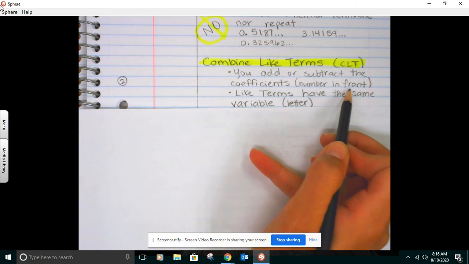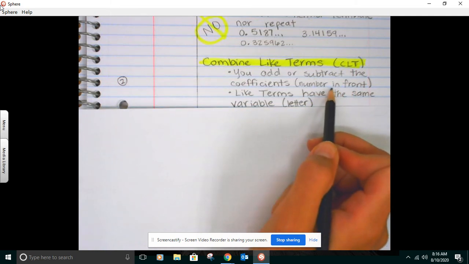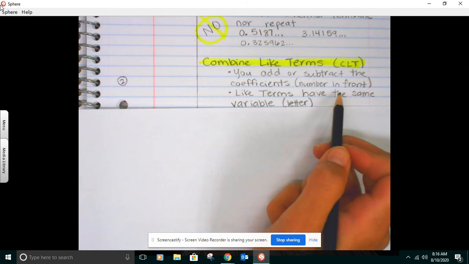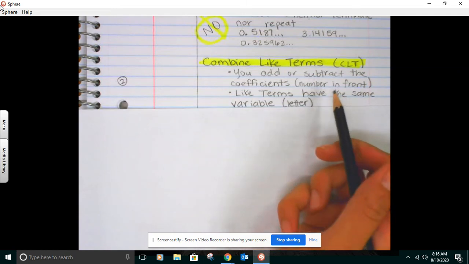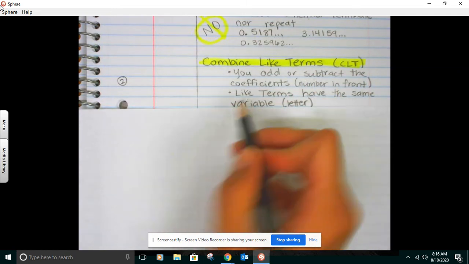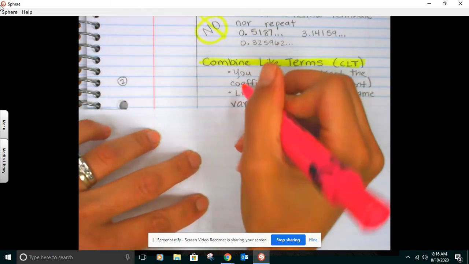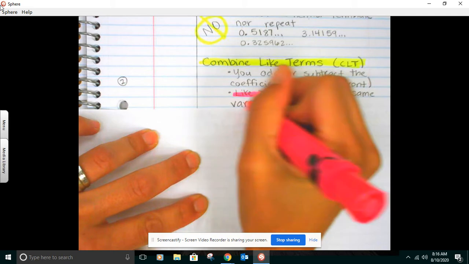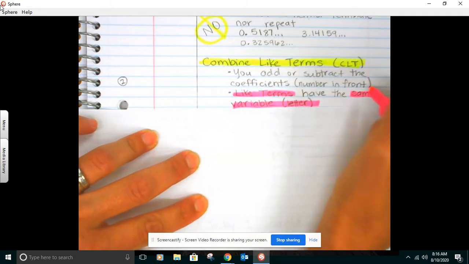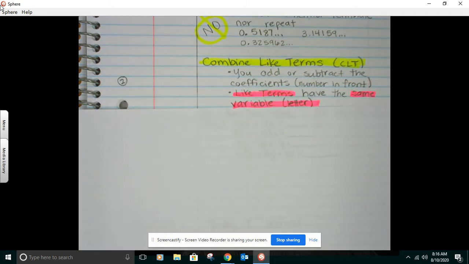Always take the sign in front. So if it's like negative 3x, it's a negative 3, like a minus 3. And then just in case you don't know, like terms are terms that have the same variable. Like means same, and the variable determines if they're like terms.